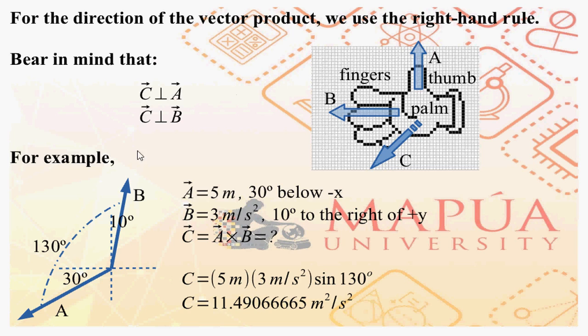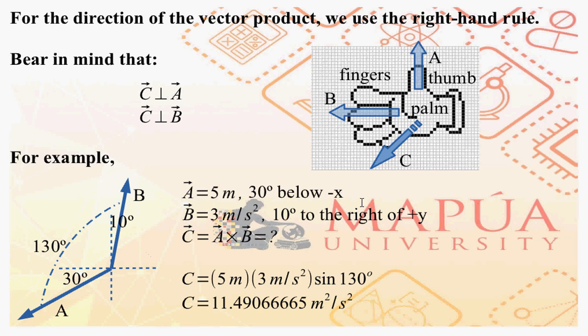For example, say you have vector A, 5 meters, 30 degrees below negative x, and then you have vector B, 3 meters per second squared, 10 degrees to the right of positive y. And then we get the vector product, A cross B. So C is a vector quantity. We need to get two things, the magnitude and the direction. Draw the two vectors.